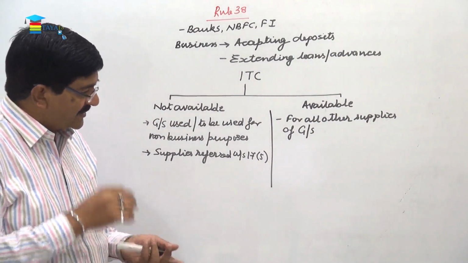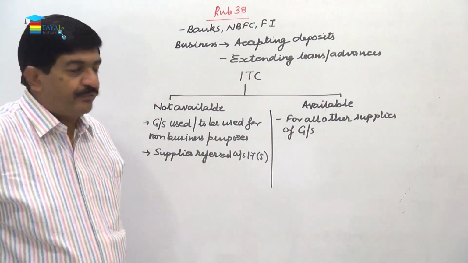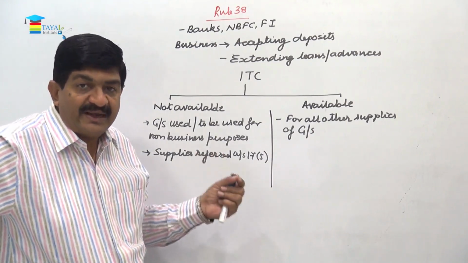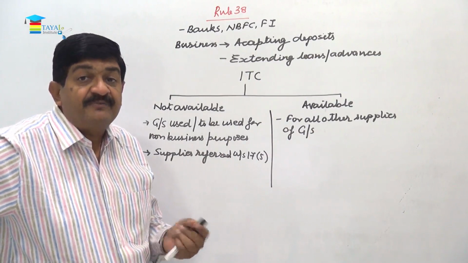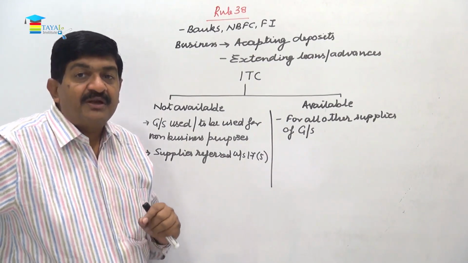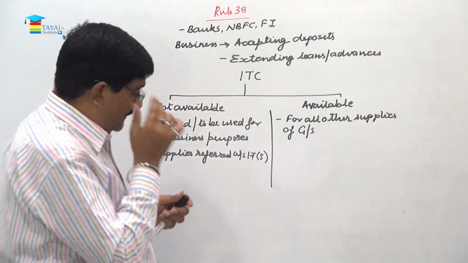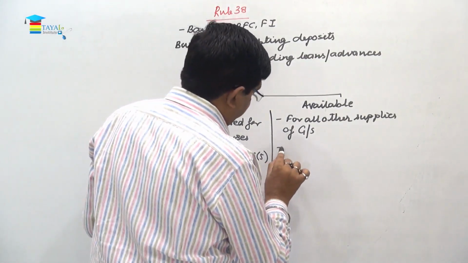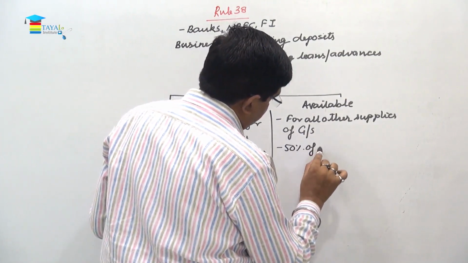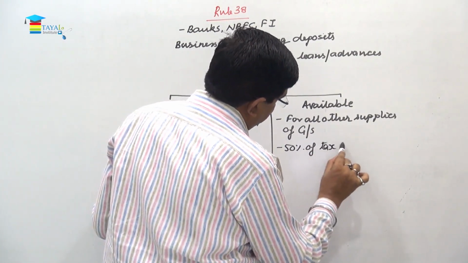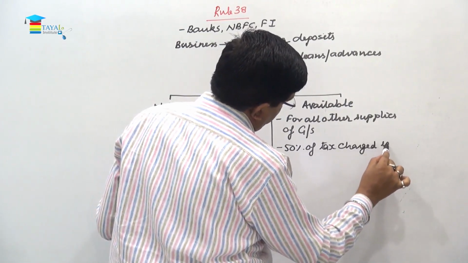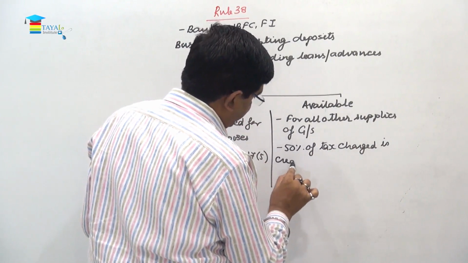So when filing the return, they will fill up the information about the full amount of the tax, but 50% of that will be credited to their electronic credit ledger.